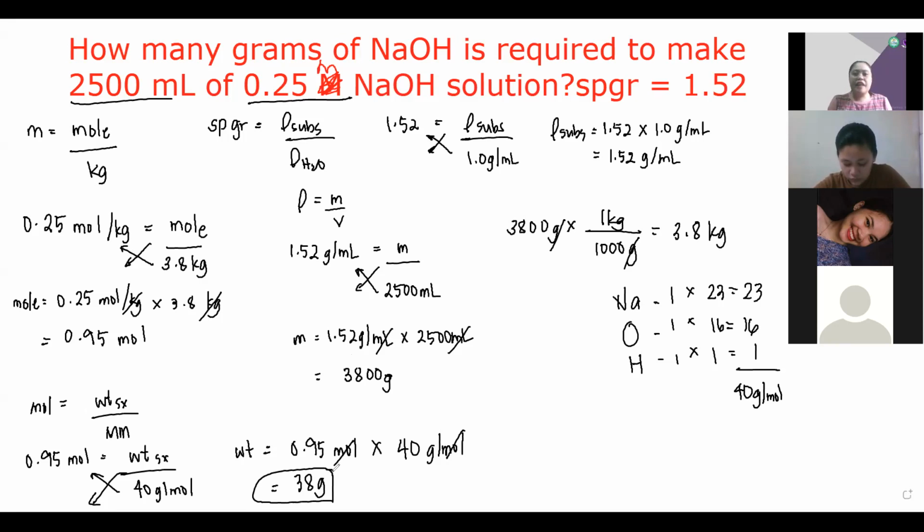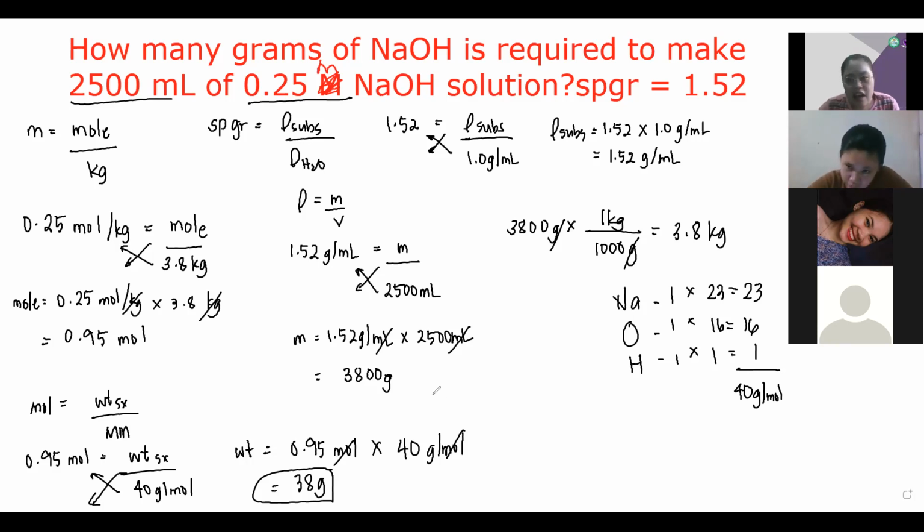So 38 grams. Now, in the laboratory, class, all you need to do is weigh 38 grams of the sodium hydroxide pellet and then dissolve it in 2,500 ml and magagawa mo na yung solution na ang kanyang concentration ay 0.25 molal.